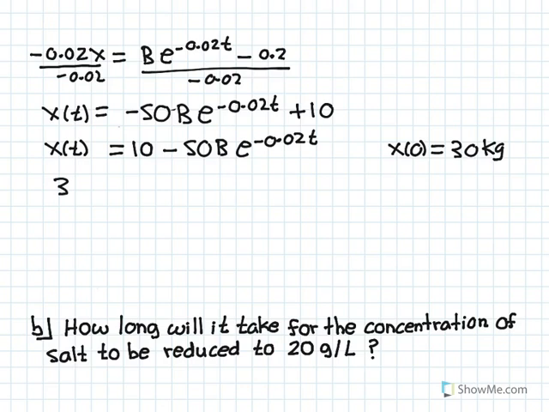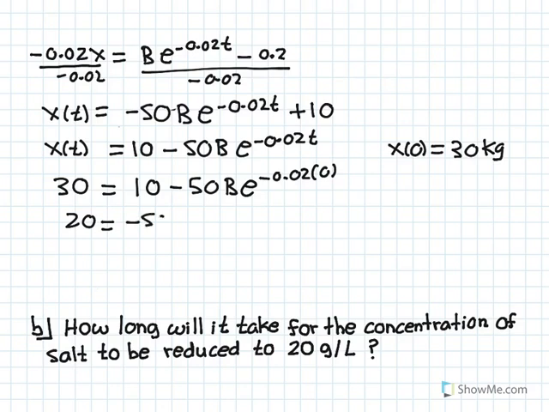So on the left-hand side, we get 30. 30 is equal to 10 minus 50b e to the negative 0.02 times 0. So 30 minus 10, that's 20, is equal to minus 50b, and e to the 0, of course, is just 1. So solving for b, we get b is equal to minus 2 over 5.